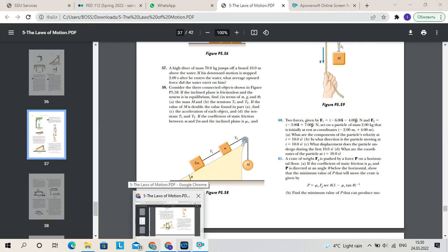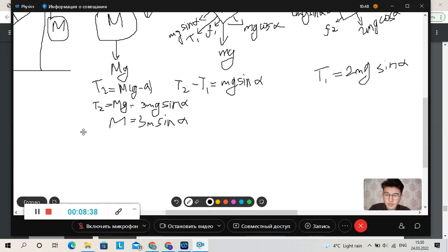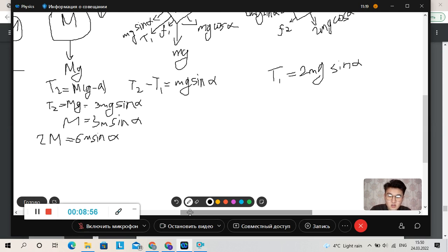Okay, next question. In this question C, big M is doubled, and we need to write T1 and T2. This 2M is equal to 6 small m sine alpha. But in this case, we need to find the acceleration.